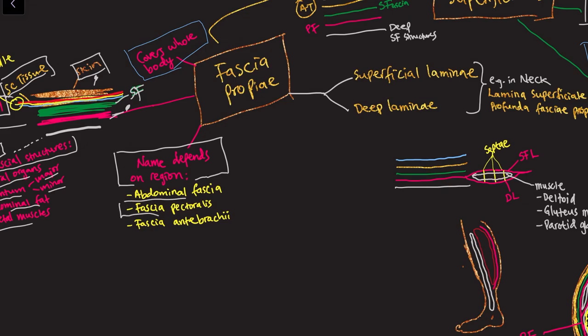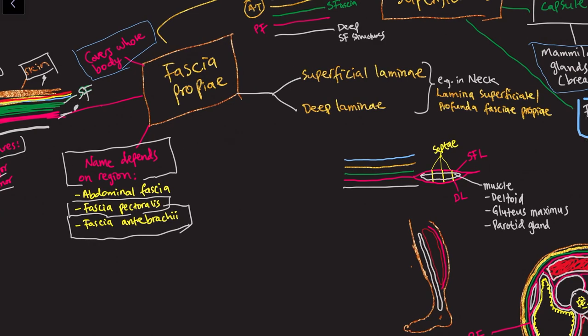But when you go to the arms, for example, you find the fascia proper there takes on a name, for example, the fascia antebrachii. The name of the superficial fascia remains the same throughout, but it is the fascia proper that changes. The name of the fascia proper changes depending on the part of the body where it is located.